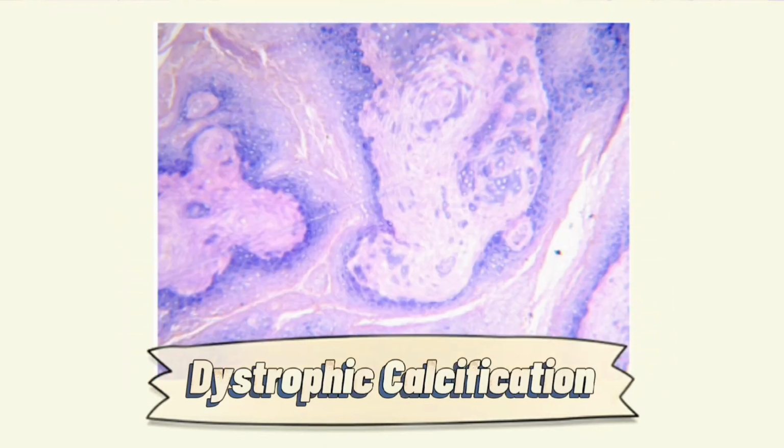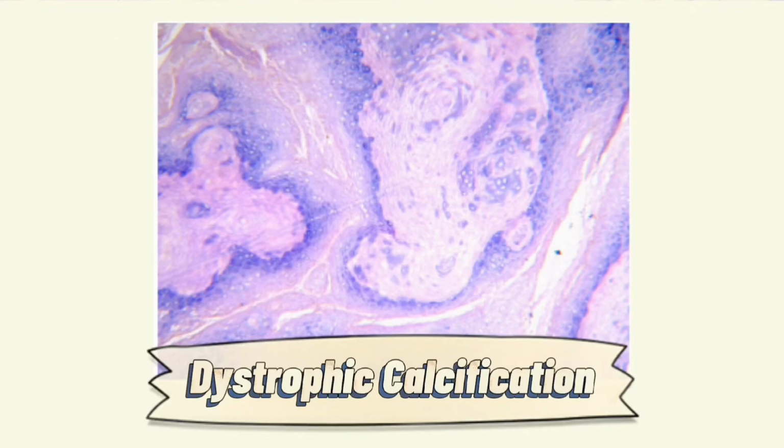Microscopically, with the usual H&E stain, calcium salts appear as deep blue granules or masses. They can be intracellular, extracellular, or in both locations. A more specific staining technique is von Kossa's silver nitrate stain that stains the calcium salts as black granules or masses within the tissue.